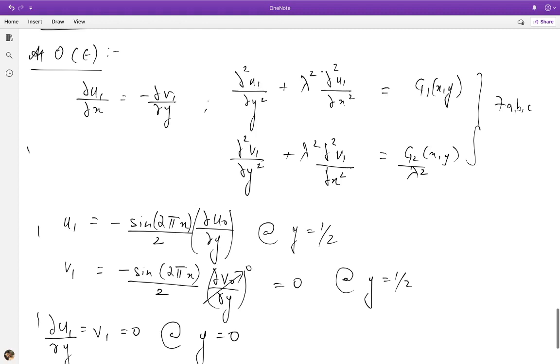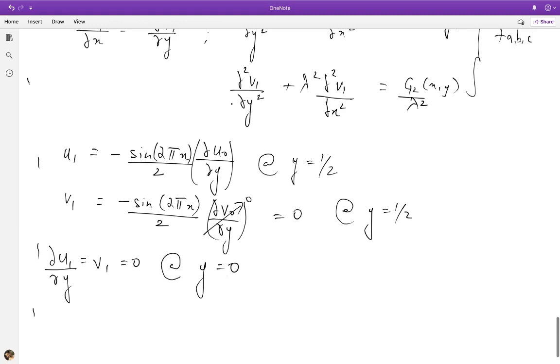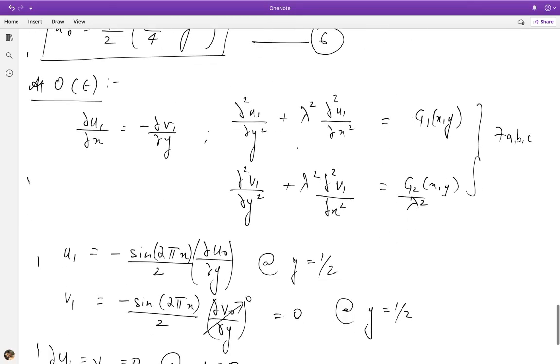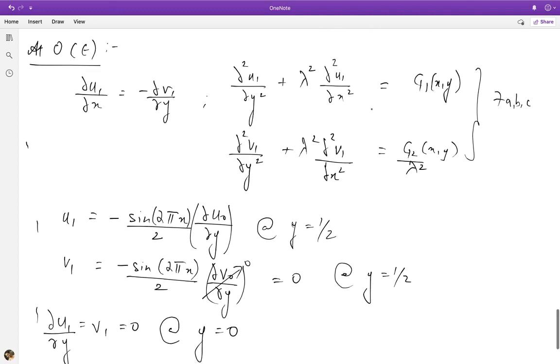If we can solve for u1 from this first equation, we can then solve for v1 from the equation of continuity, and applying the boundary condition should allow us to determine the field for u1 and thereby for v1 together. So let's follow this procedure. But the first thing now is to figure out how to obtain a solution to this PDE.